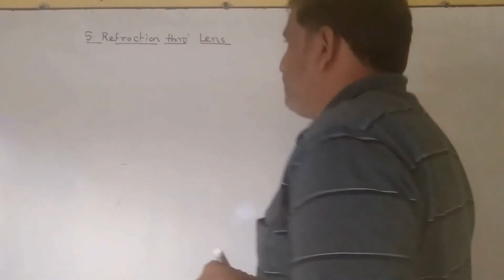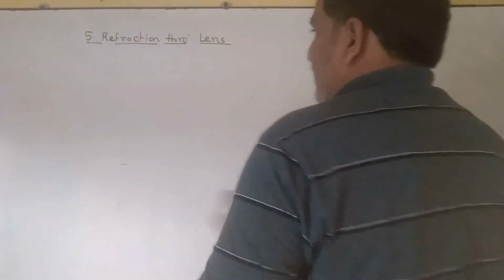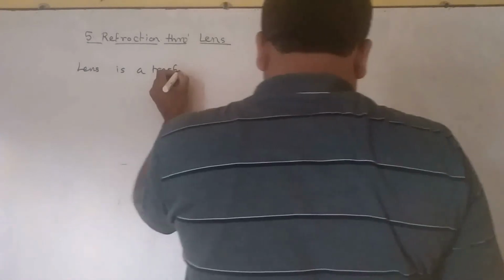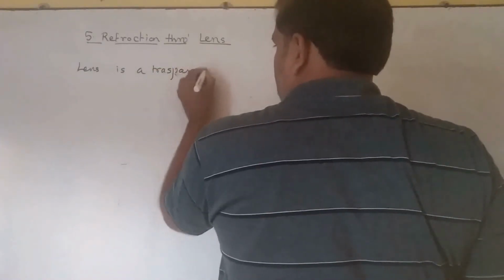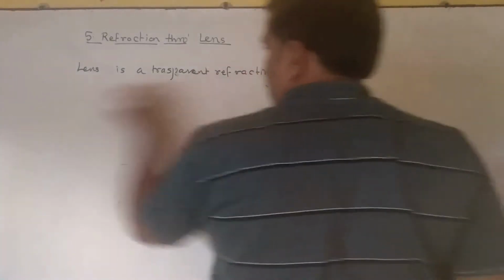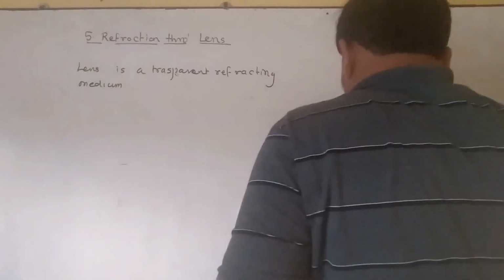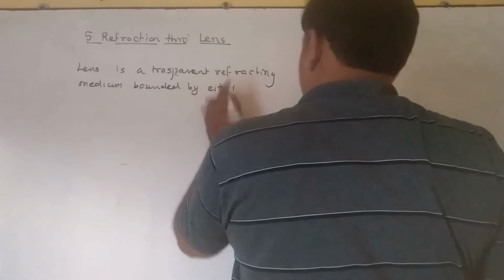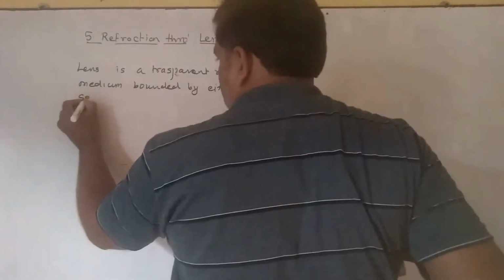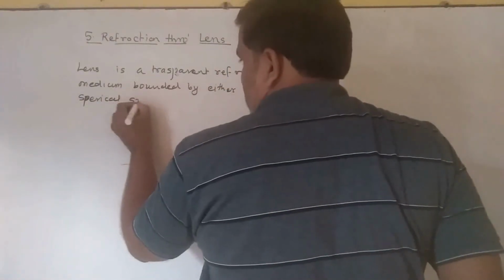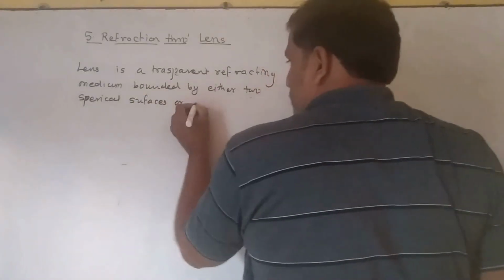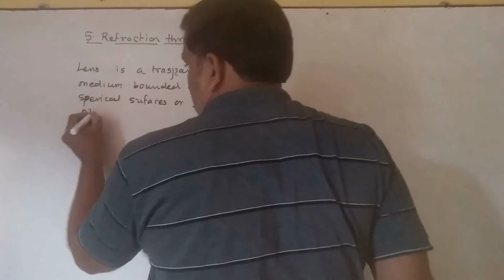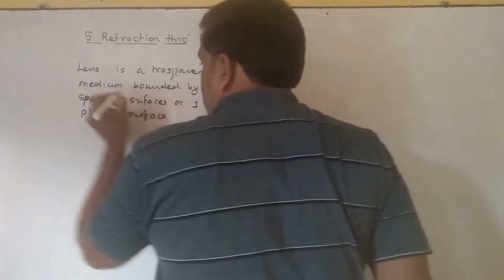A lens is a transparent refracting medium bounded by either two spherical surfaces or one spherical and the other plane surface. So this is nothing but a lens.